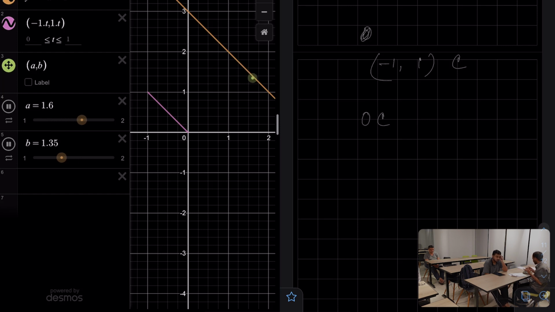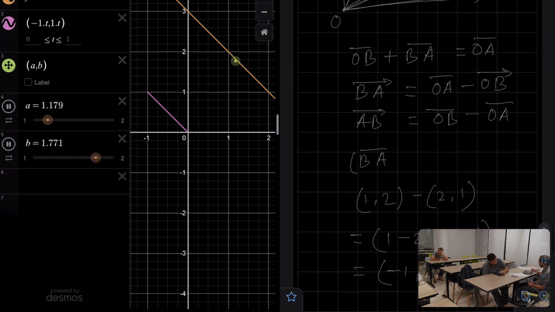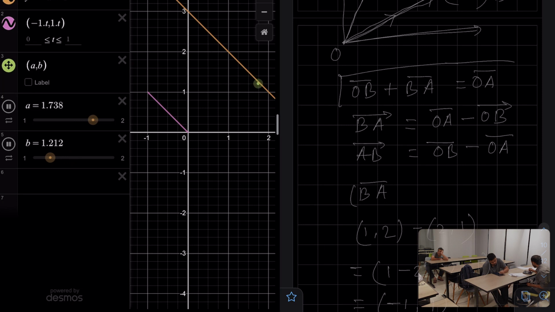And everything, the definition that physics people used, the CS people also use. So 2, 1 or 1, 2, this is a list, right? This is also a list. And if you use this notation of OB, BA, OA, these are the definitions that come from physics, right?